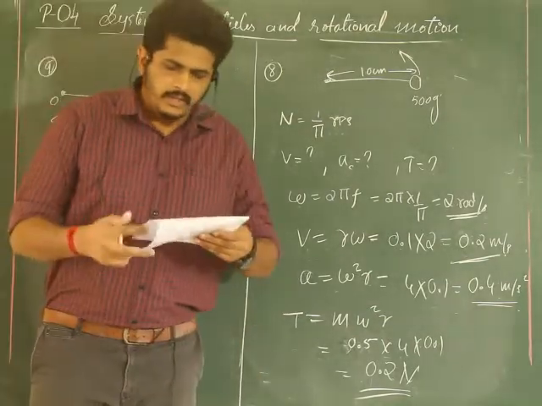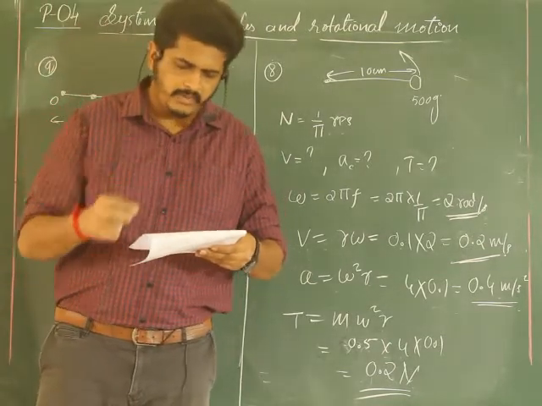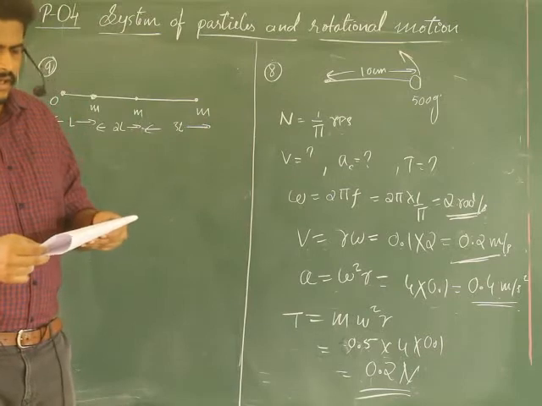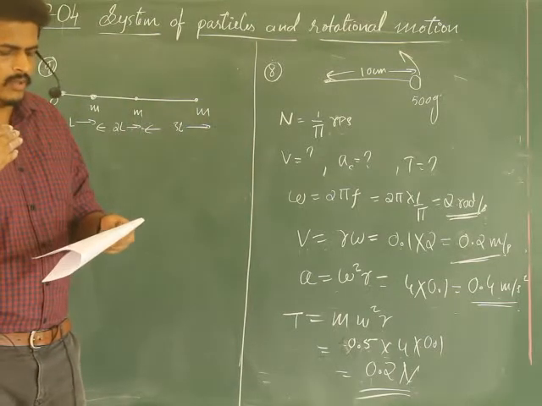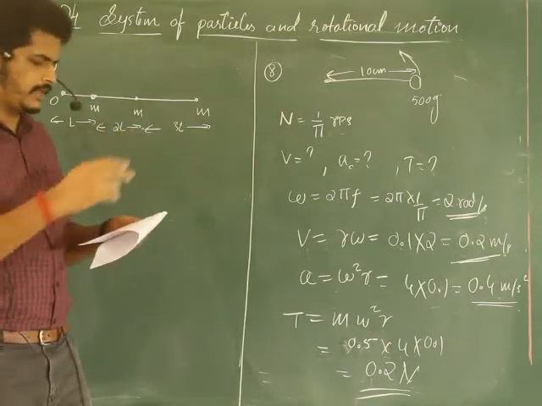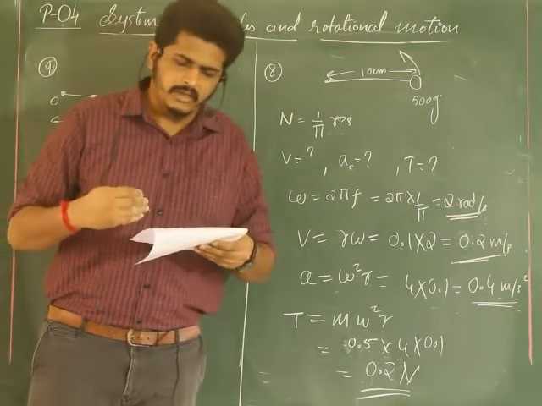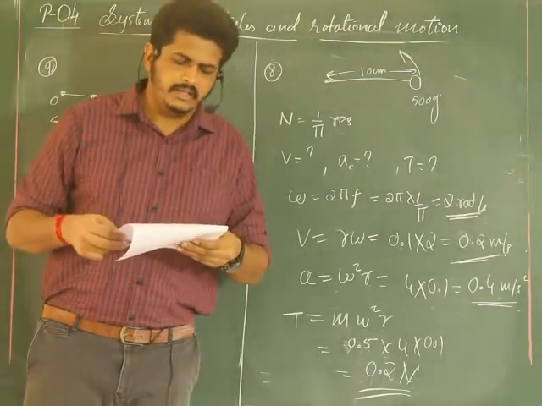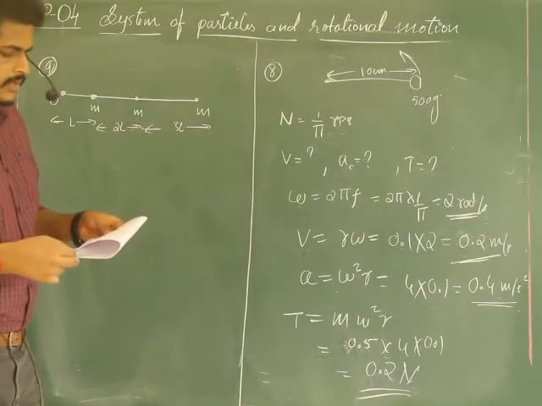All 3 particles are moving in a horizontal plane. If the velocity of the outermost particle is v naught, then the ratio of tension in the three sections of the string is asked.